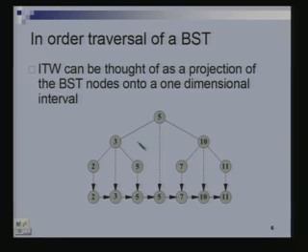Okay. Now suppose I give you a binary search tree, and I do an in-order traversal of this binary search tree. Now what does in-order do? First the left, then this node, then the right. Suppose all I do when I visit a node is print out the key.